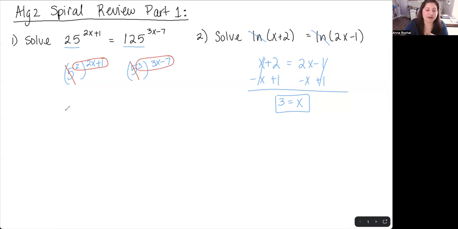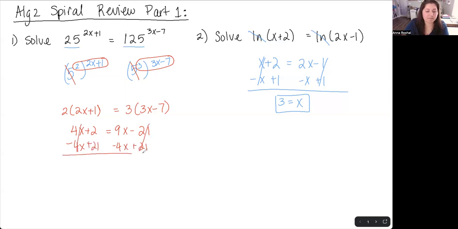So I'm going to end up doing 2 times 2x plus 1, and 3 times this 3x minus 7. I'm going to distribute, get 4x plus 2 equals 9x minus 21. Subtract 4x, add 21. I'm going to end up with 23 equals 5x.